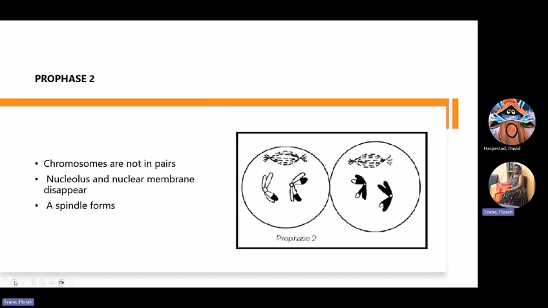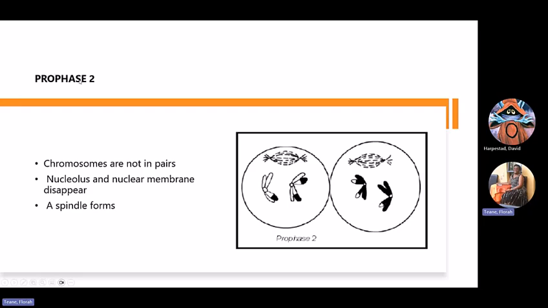Then we are moving into the second stage of meiosis, which we will call the second meiotic division. And we start with prophase. Why? The second meiotic division is the continuation of meiosis 1. Remember, at the end of meiosis 1 telophase, two cells were formed.